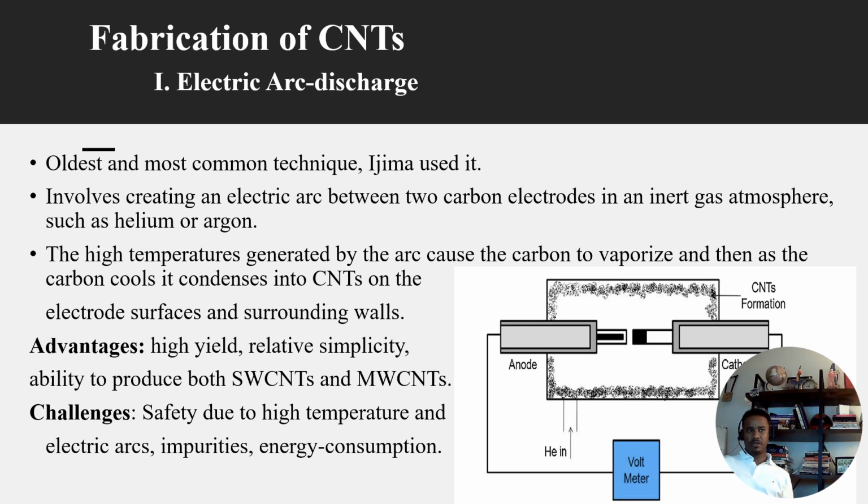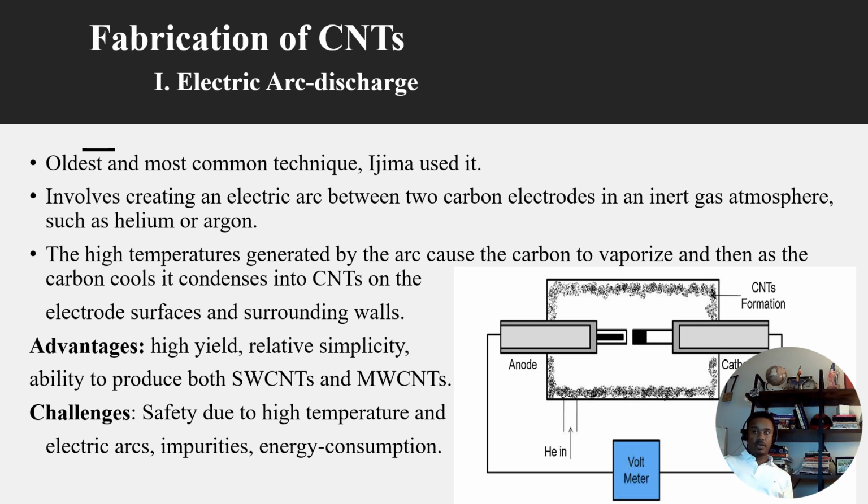As you can see here, we have an electric voltage. It helps us to heat the anode and cathode, so it vaporizes the carbon and produces carbon nanotubes on the surrounding wall, as can be seen here clearly.